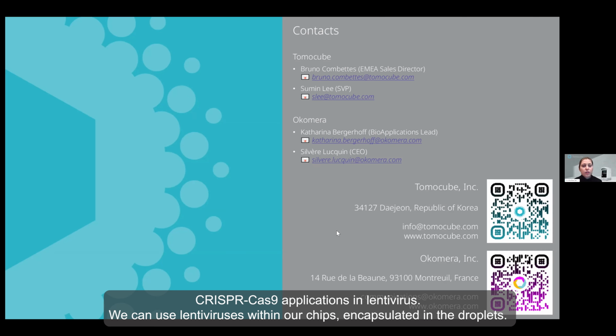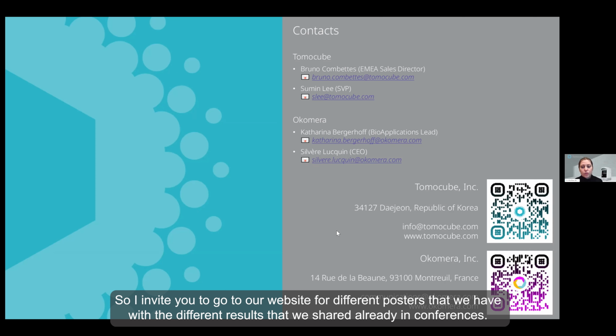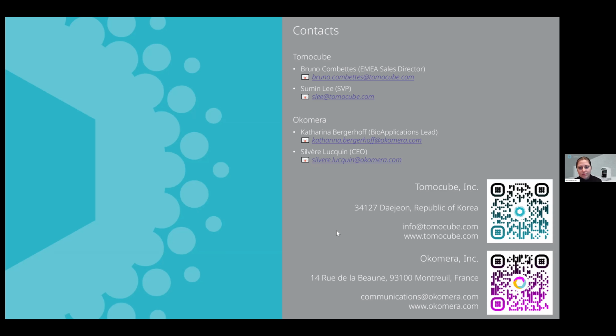So we can use lentiviruses within our chips, for example, encapsulated in the droplets. I invite you to look on our website at the different posters that we have with the results that we shared already in conferences.